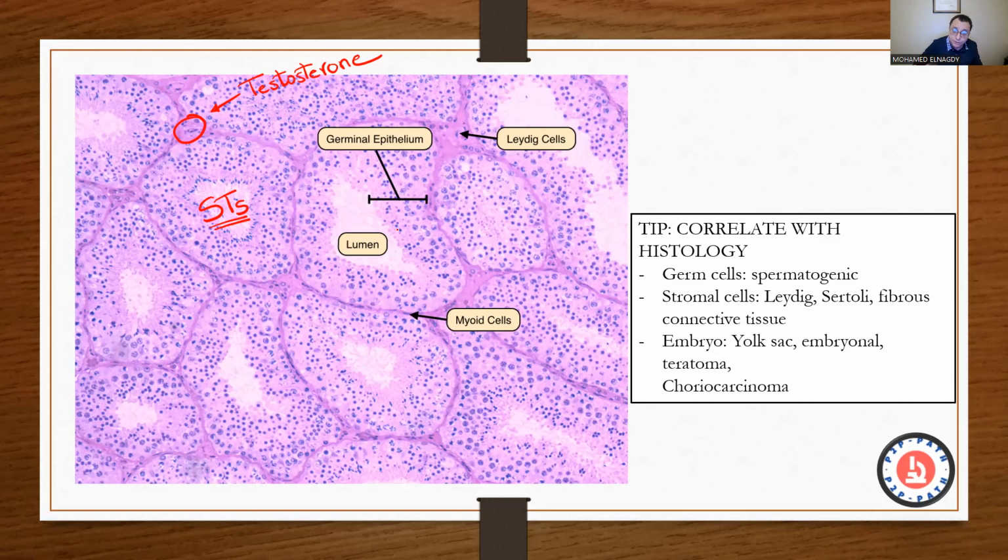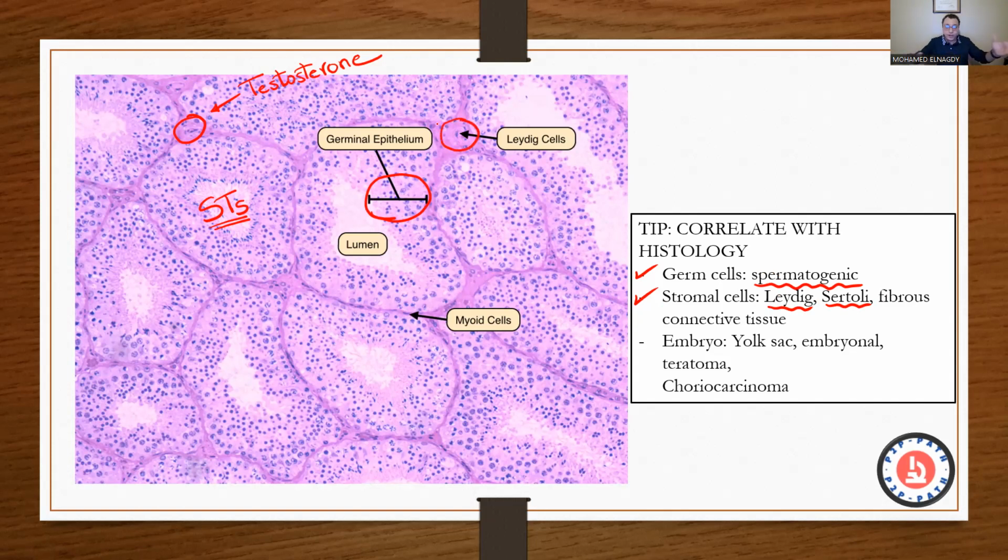So we have germinal epithelium here, which is the spermatogenic epithelium, which includes the germ cells, the spermatogenic cells, and stromal cells. The stromal cells include the Sertoli cells, which are present inside the seminiferous tubules, and the Leydig cells, which are there in these septa.